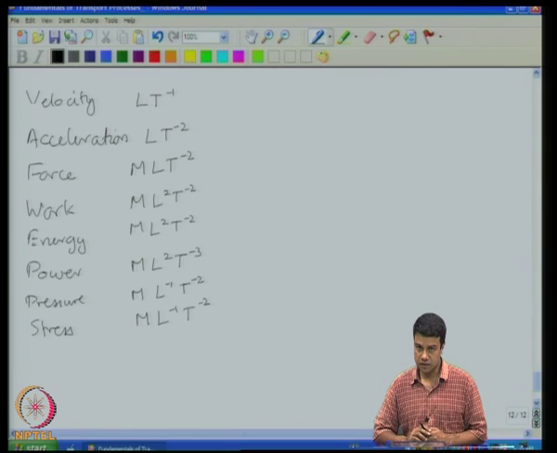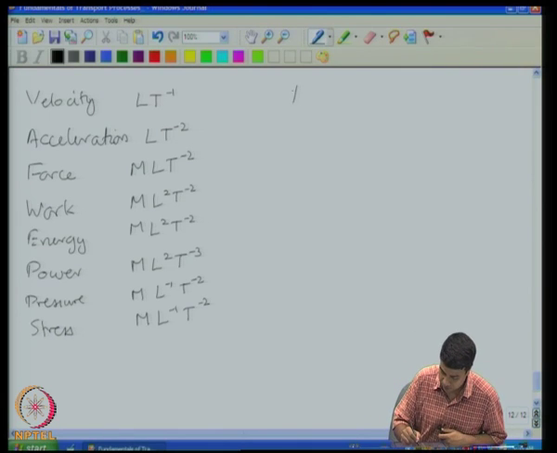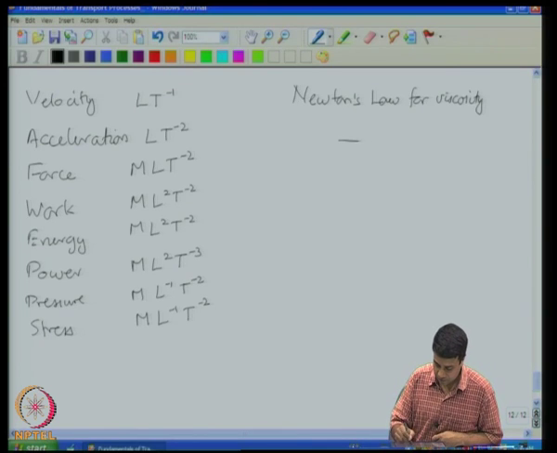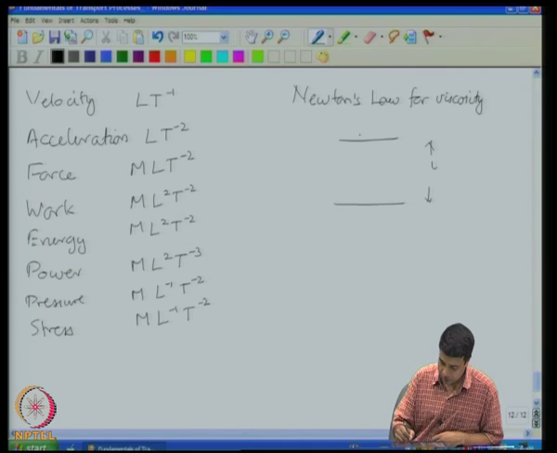So, the dimension for viscosity has to be obtained from some relation that contains the viscosity in it. And that relation we know is Newton's law of viscosity. So, if I have a fluid of length L between two plates, the top plate is moving with velocity ux, and the bottom plate is stationary.